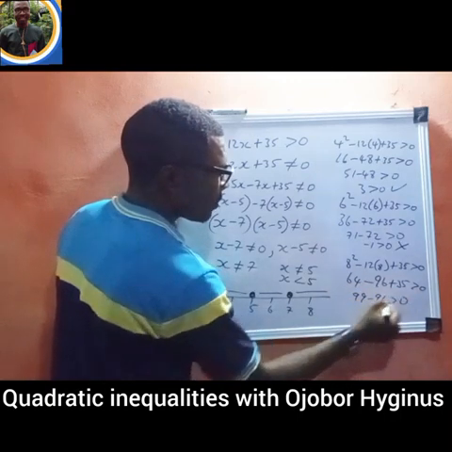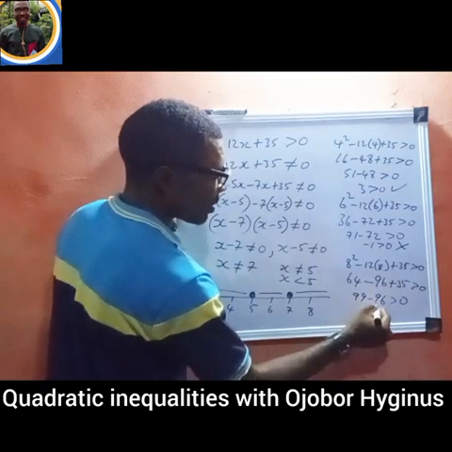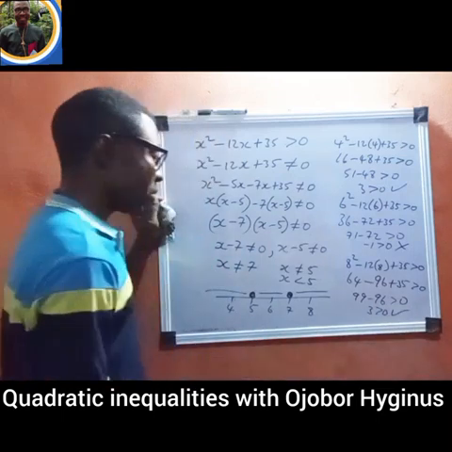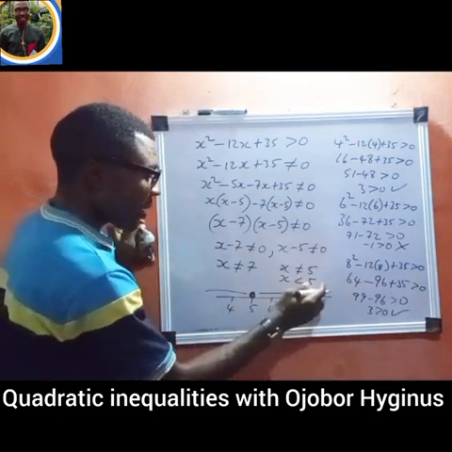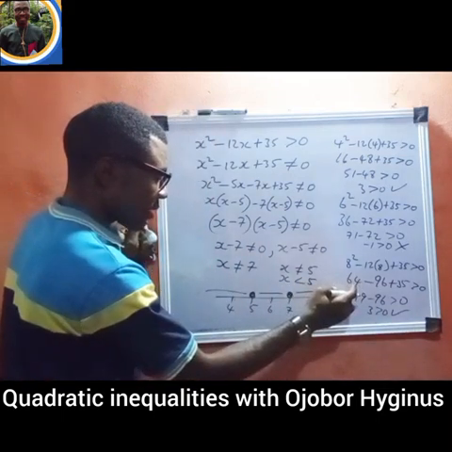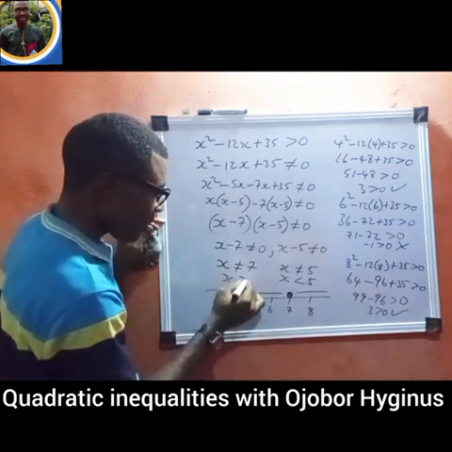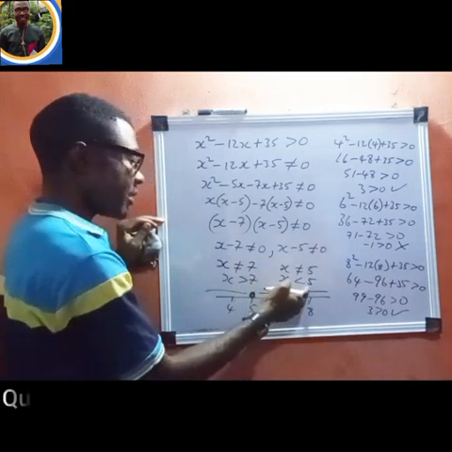Is it greater than 0? 99 minus 96 is 3, greater than 0, and 3 is greater than 0. So this is correct. Any number greater than 7 is correct for x. So x is greater than 7 and x is less than 5.